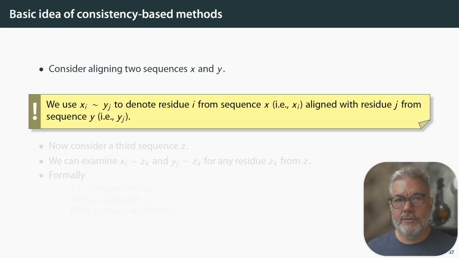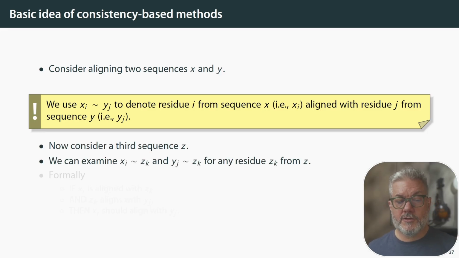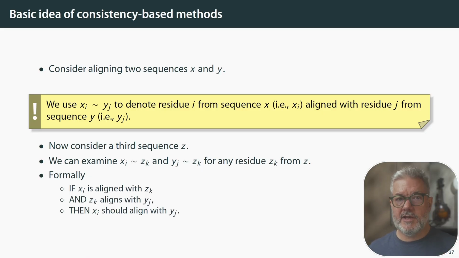We're going to use X and Y through this whole thing, and we consider a position I in sequence X and a position J in sequence Y. If those positions are aligned, when we're considering that possibility, we can describe that as X sub I tilde Y sub J. Now, if we're going to consider a third sequence, we can also look at X sub I and its alignments to positions in Z, and we consider Y sub K and its alignments to positions in Z.